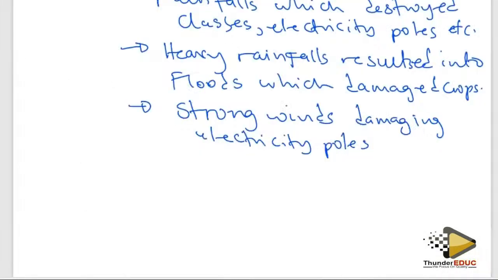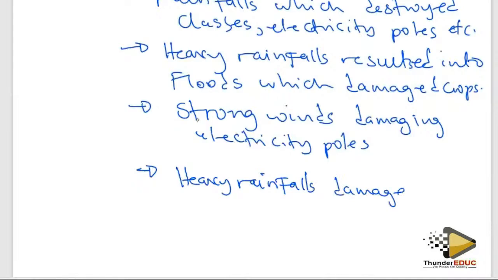Okay, so we can as well say that heavy rainfalls damaged classes.